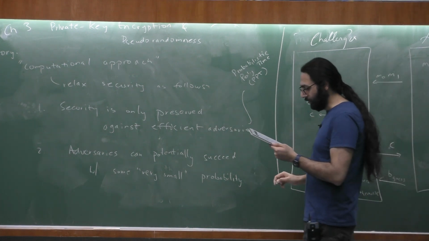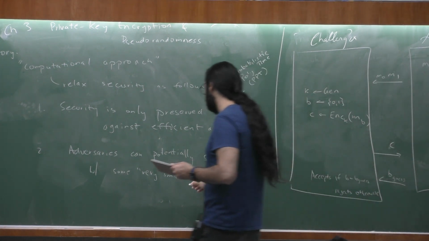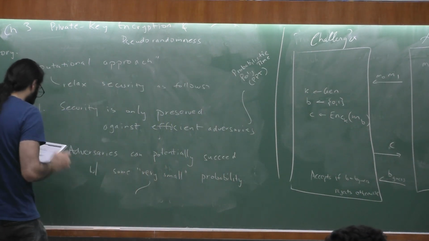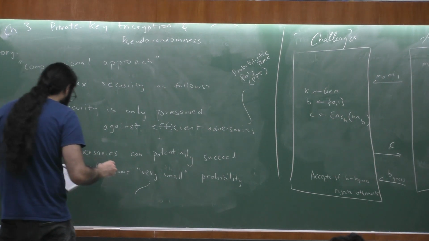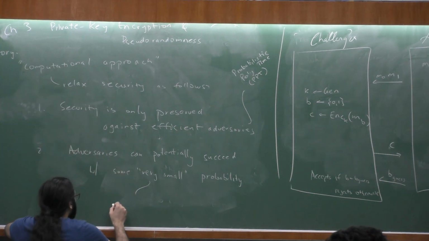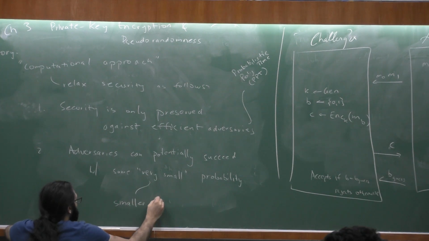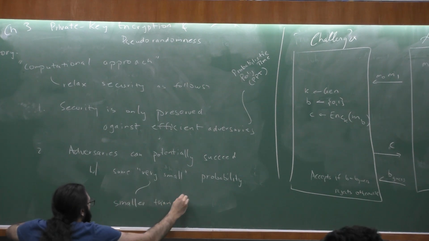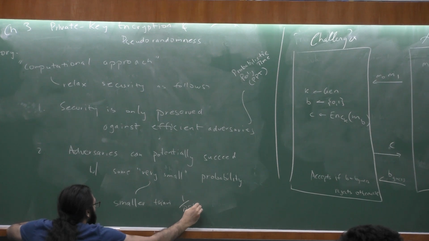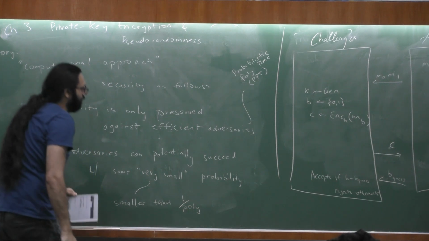So that's the notion of adversary, and by very small probability we're going to mean that it has to be smaller than inverse poly. But inverse poly in what? I'll describe it in just a second. Smaller than 1 by poly.